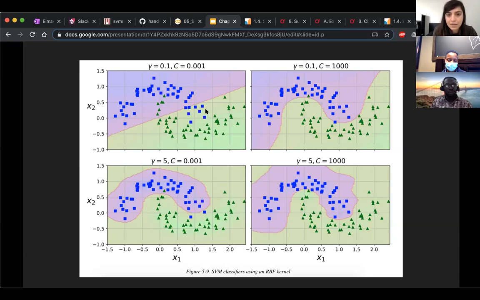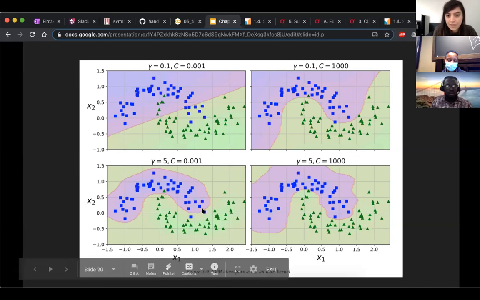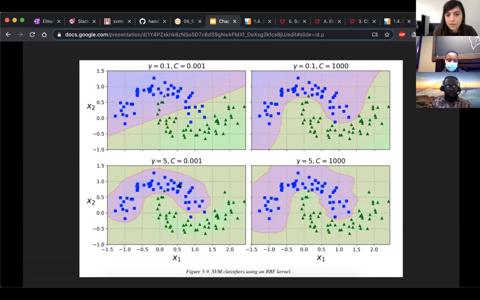You can see lots of blue over here and lots of green over here, and some dots over here, and some greens going to the wrong class. But here, if you can see, with increasing the C, a more rigid hyperparameter, it is causing more of these to be classified where they should be, as you can see here.